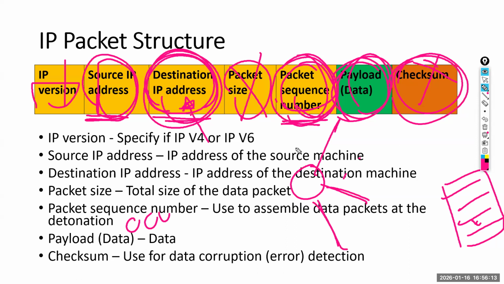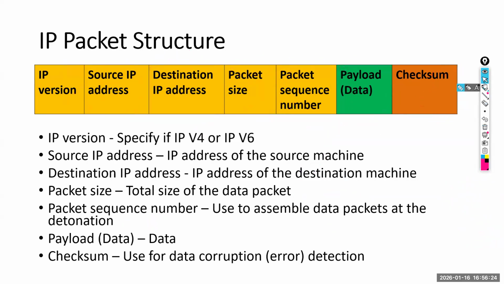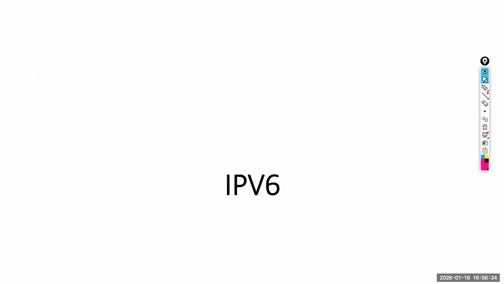So ultimately you reach the destination with the collaboration of these routers. It's an advanced concept, but we look at only the high-level idea here. So that's it about IPv4.